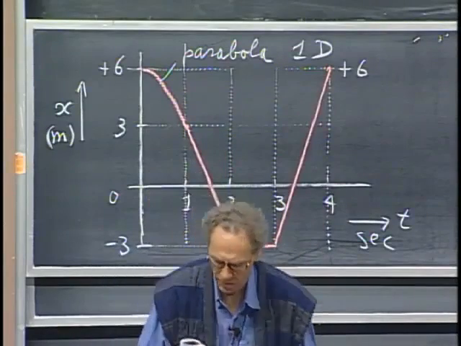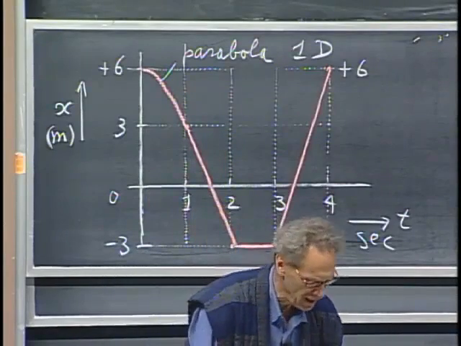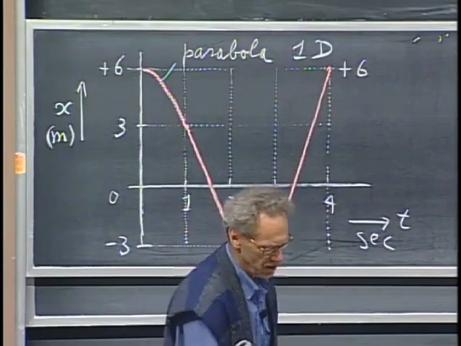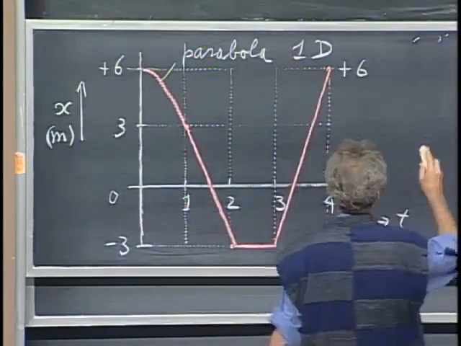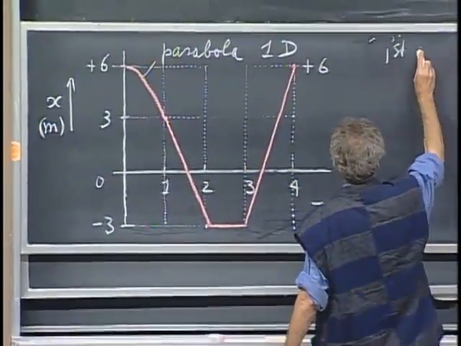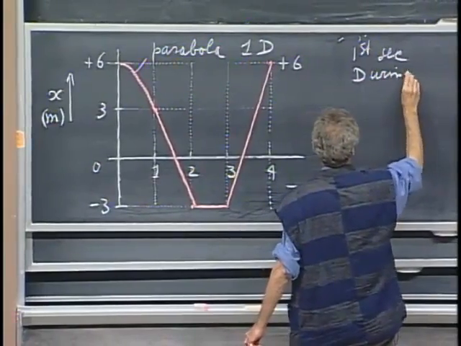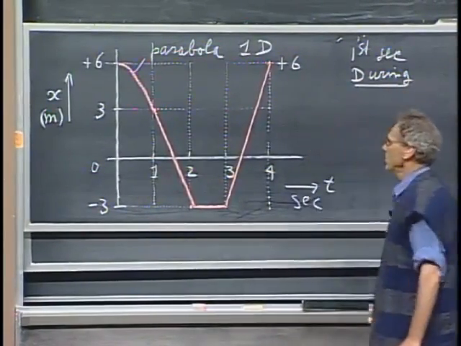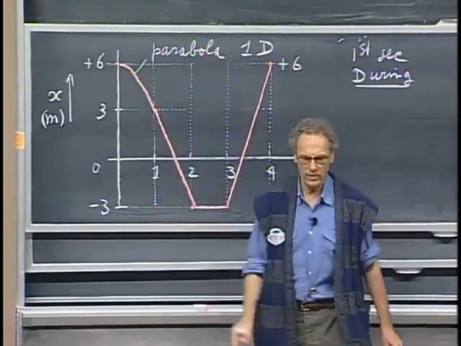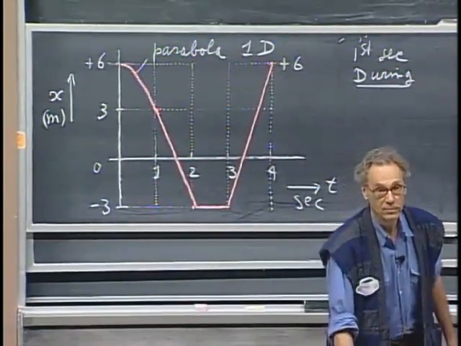The motion is only in the x-axis, along the x direction. Let's analyze all these different seconds that occur. Let's first take the first second. During the first second, since this is a parabola, you know that the acceleration is constant.